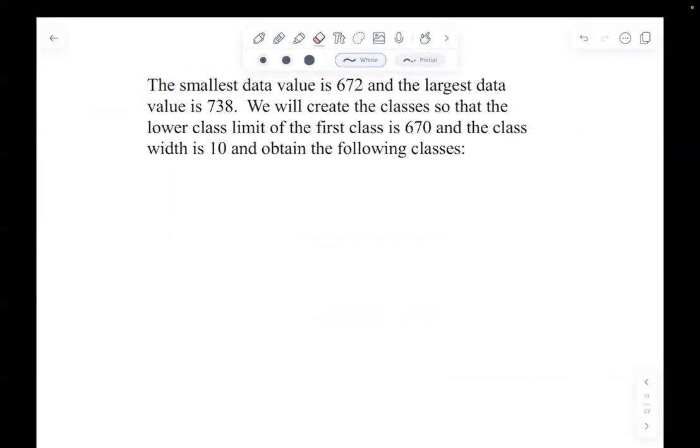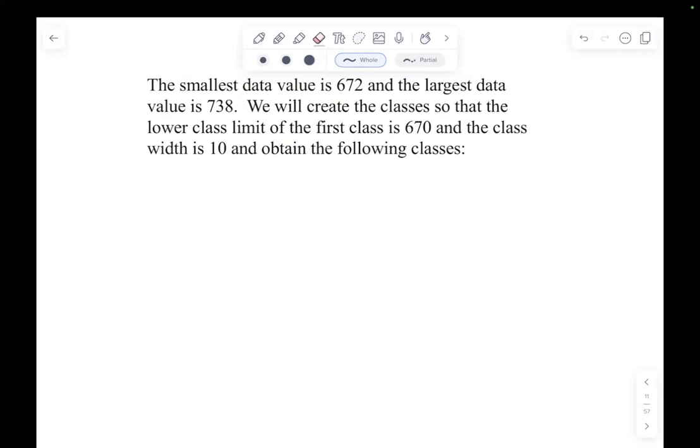My smallest data value is 672. My highest data value is 738. Generally, we will find a pretty number just below my lowest data value, unless my lowest data value is already a pretty number.